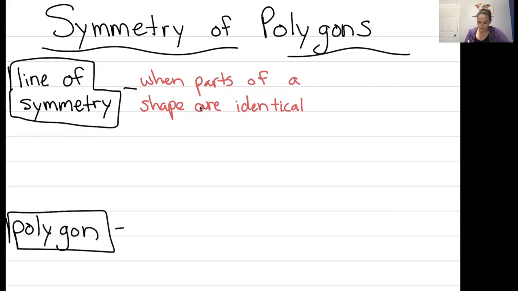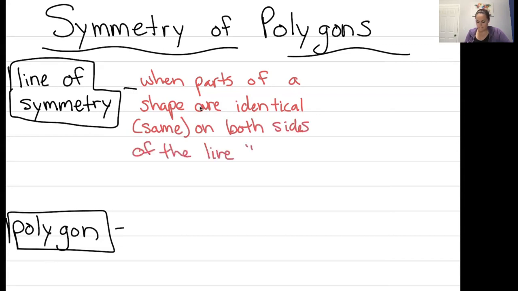You might want to put that in parentheses by that word: same is what identical means. On both sides of the line. Or they are a mirror. We can also think of it like a mirror image.